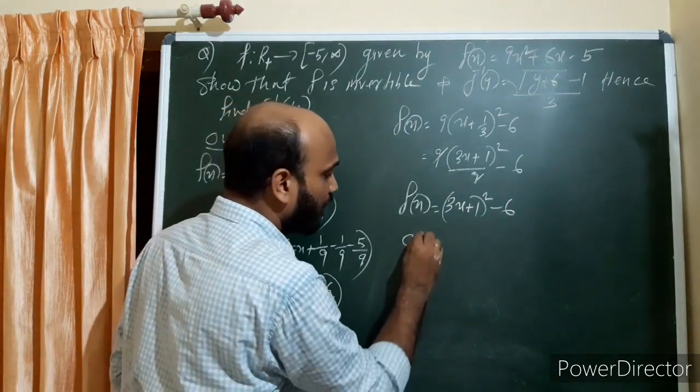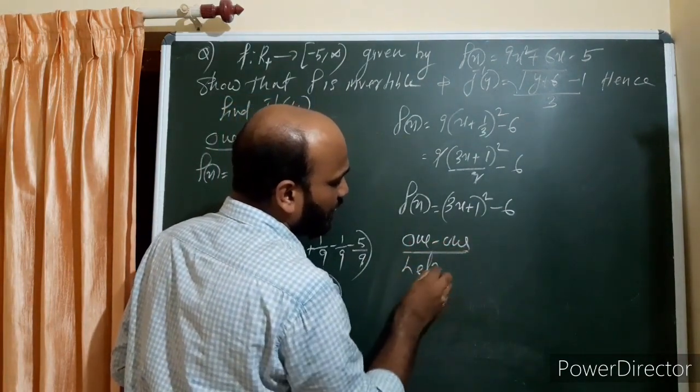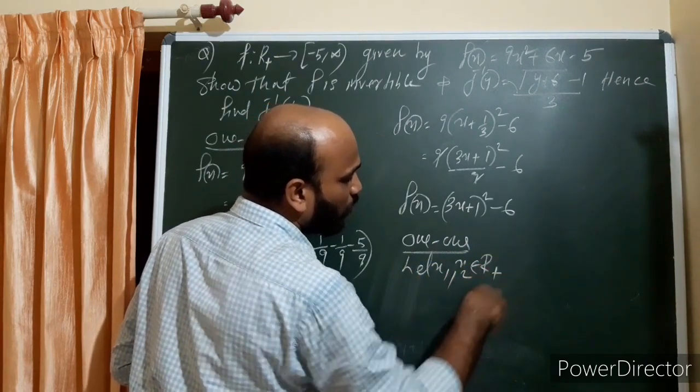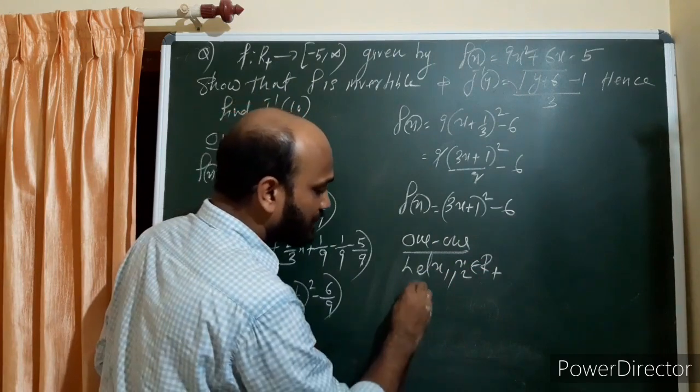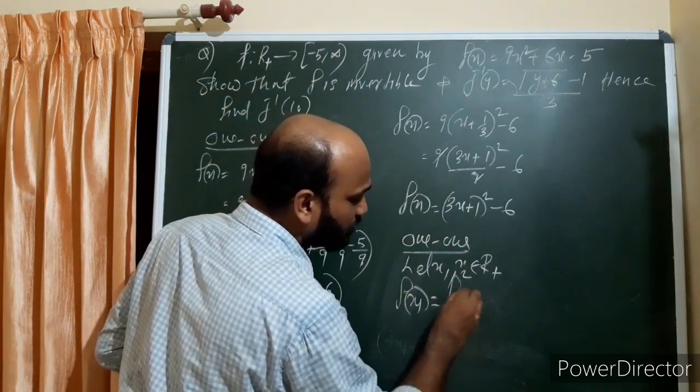So first we will find one-one. Let x1, x2 belong to the domain. Domain is R plus such that f of x1 equal to f of x2.